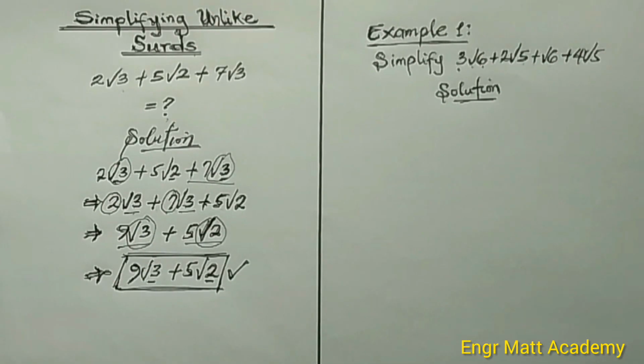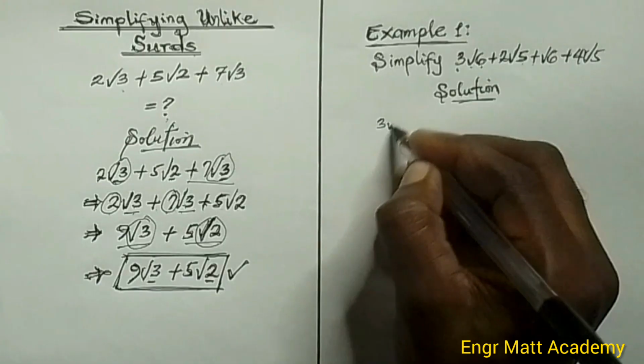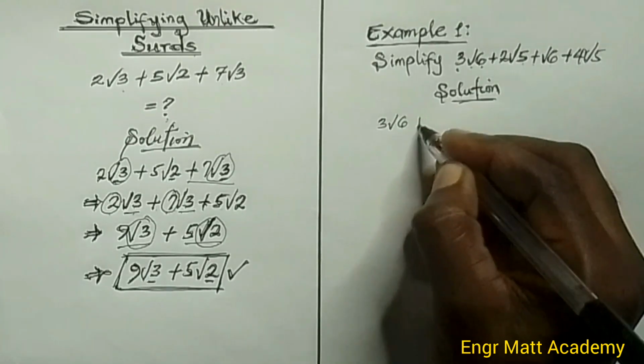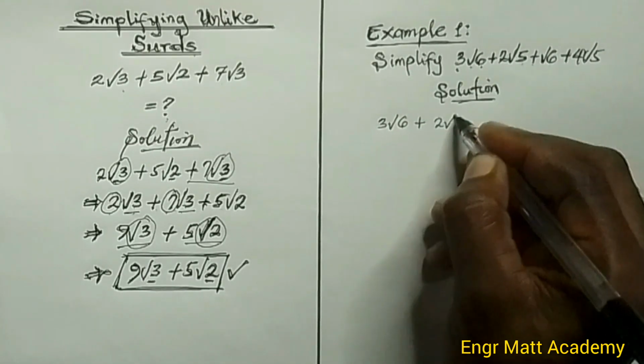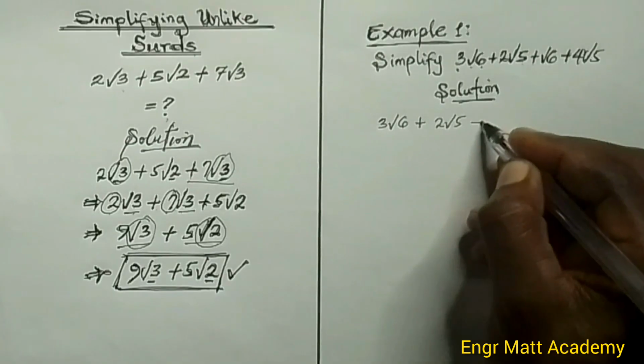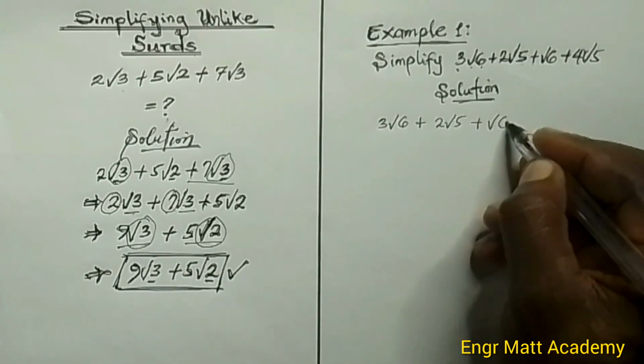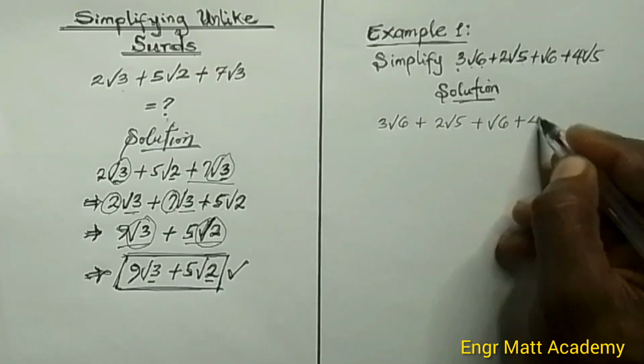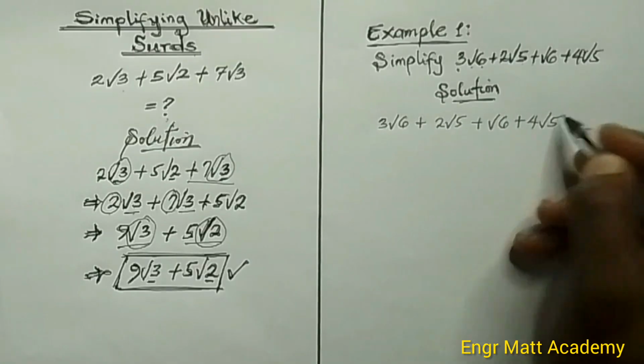So this is all addition. Let's go straight to the solution. So we have 3 root 6 plus 2 root 5 plus root 6 plus 4 root 5.